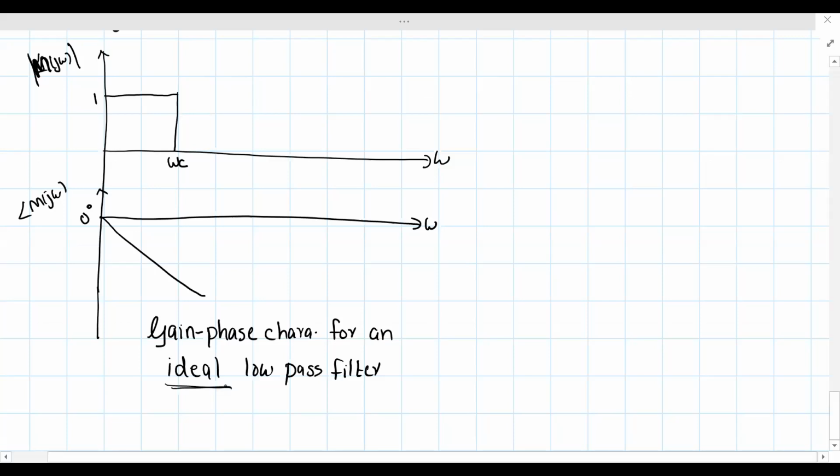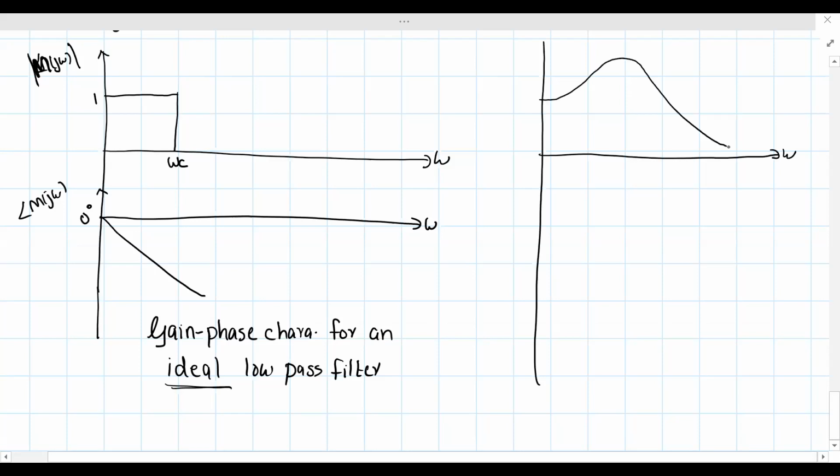But practically what happens is that it will start like this. There will be a peak, and then gradually it will be attenuated. Practical control systems have a response of this kind.